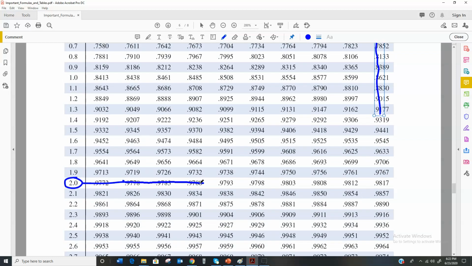So 2.09 would be all the way over here, and that's the area to the left of 2.09.